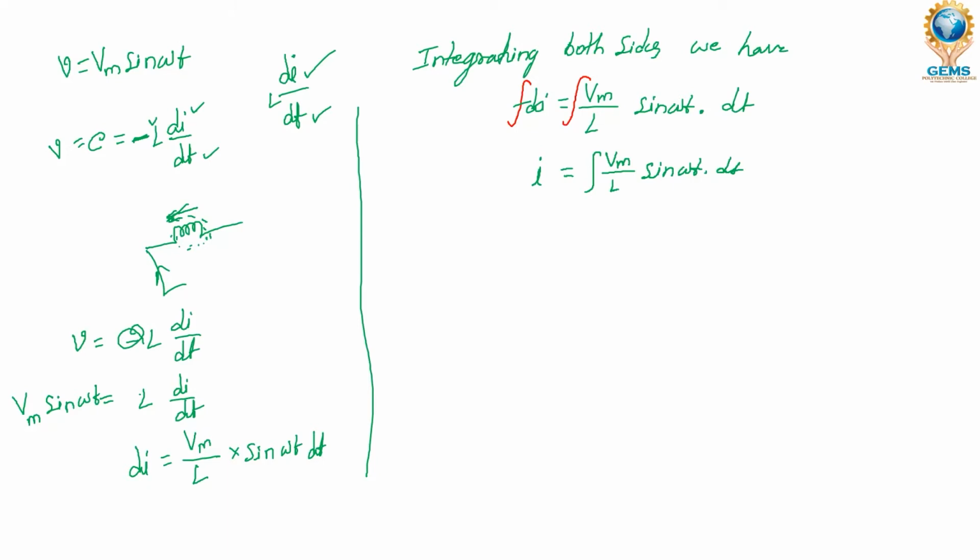Vm by L is a constant, we will take it out.